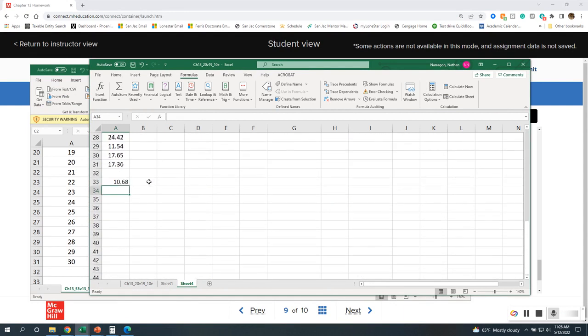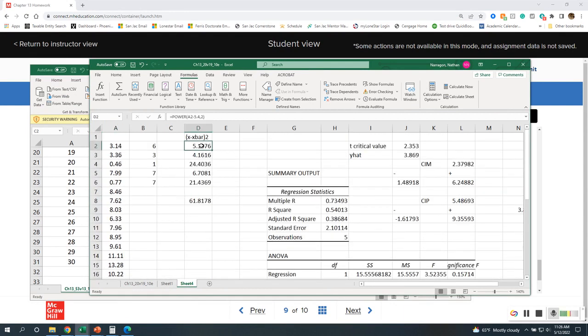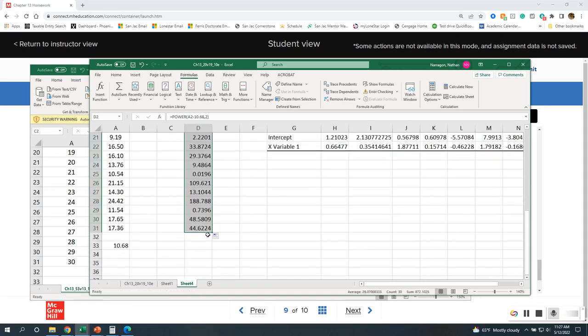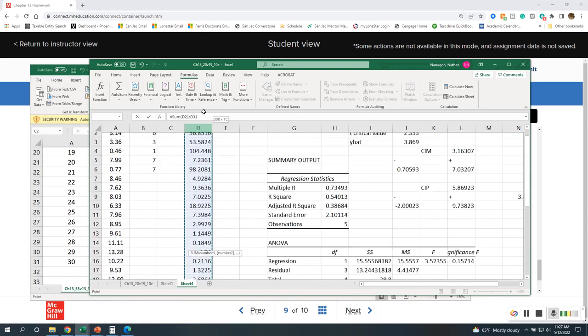Alright, so that's 10.68. We're going to have to fix all this. Okay, and this will equal the sum of all these numbers.